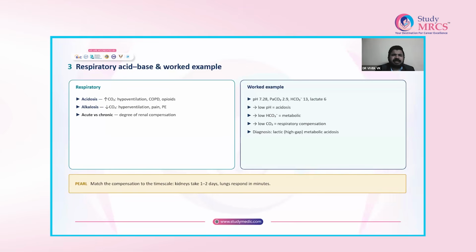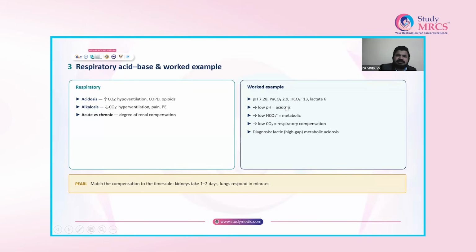So always you can identify the degree of renal compensation, and categorize it into acute or chronic. And we are dealing with an example. The pH is 7.28, the PaCO2 is 2.9, and the bicarbonate is 30. The pH is 7.28.